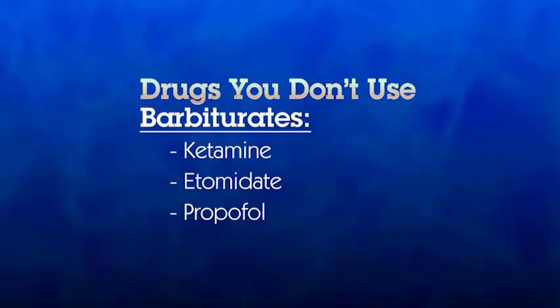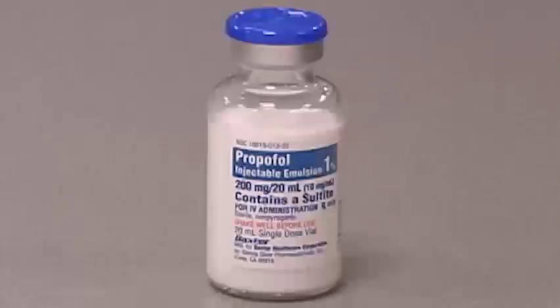The drugs that should not be used for moderate sedation include barbiturates, ketamine, etomidate, and propofol. Although they are excellent agents for deep sedation or anesthesia, their use in moderate sedation should be limited or not at all. And the reason for that is the medications themselves have a much shorter therapeutic window. So a particular dose may have an expected effect in one patient, but that very same dose may produce deep sedation or apnea or hypotension in another patient.